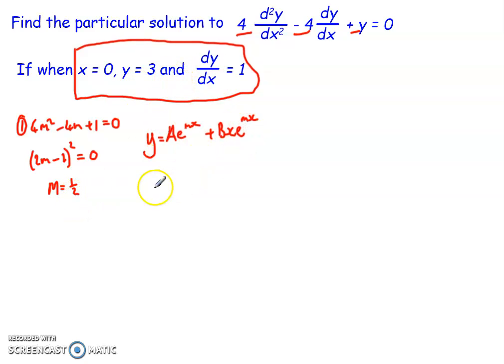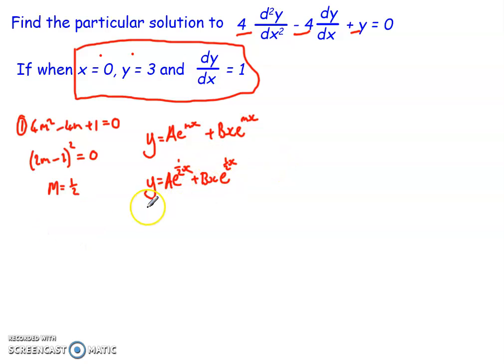Substitute the m equals a half here, because first we need the general solution, and we get y equals a e to the half x plus bx e to the half x. So what I'm now going to do is use my initial conditions in order to solve these. So x is 0 and y is 3, so let's start with that.